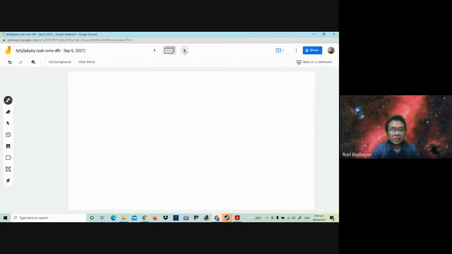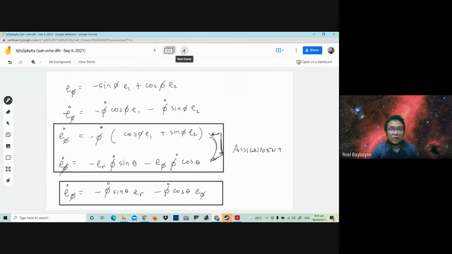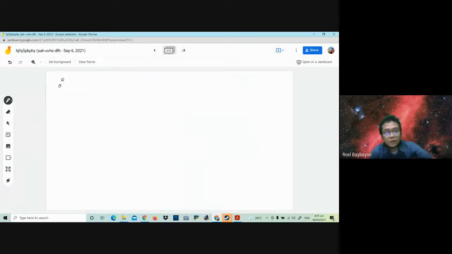So acceleration A can be written as R double dot ER plus R dot times ER dot, which is equal to theta dot E theta plus phi dot sin theta E phi.